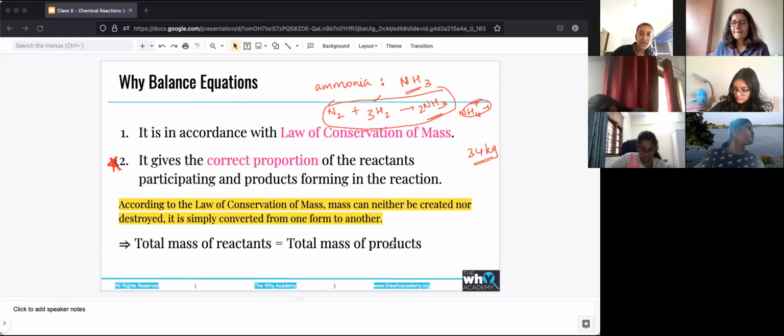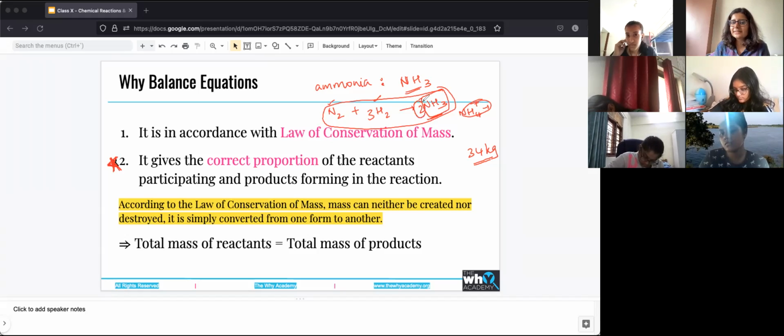Ma'am, after balancing, we got 2 NH3. So why don't we say that ammonia is 2 NH3? NH3 is the formula for ammonia. Ammonia means we need one nitrogen that is bonded to 3 hydrogen atoms.